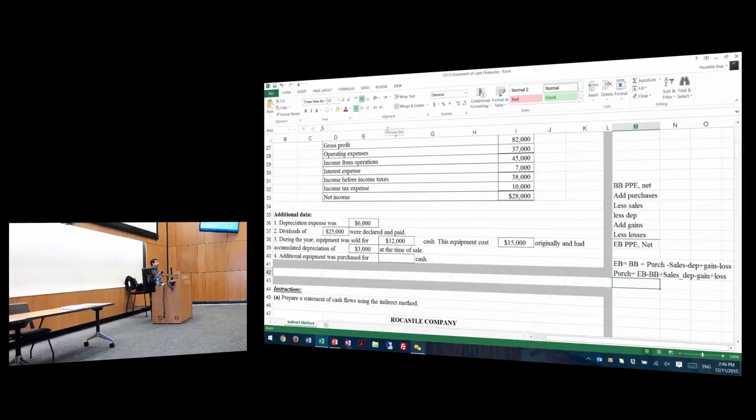So let's plug in the numbers. Ending balance is how much? Look at it net. So ending balance is equal to 17,000 minus 27.